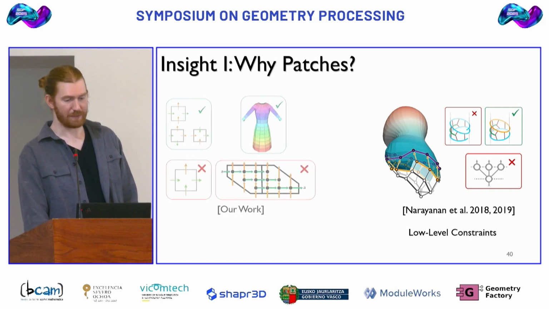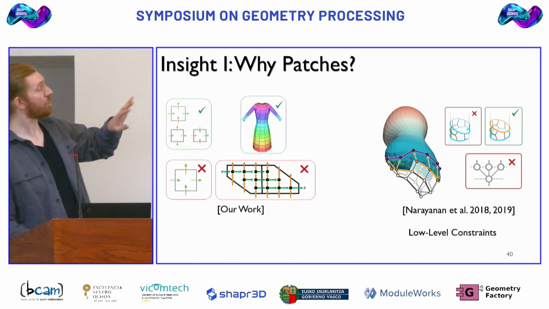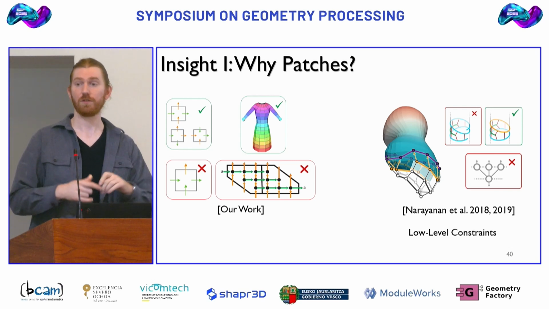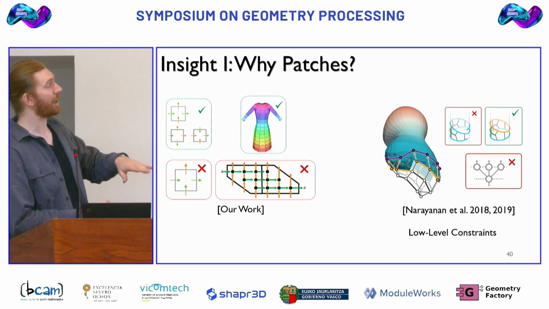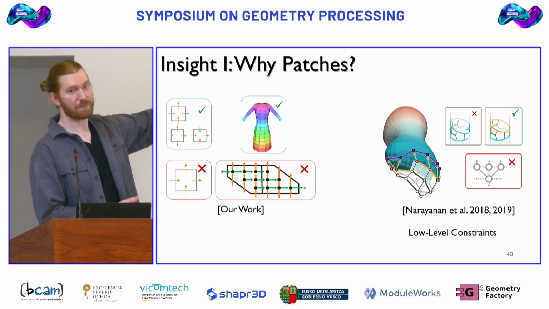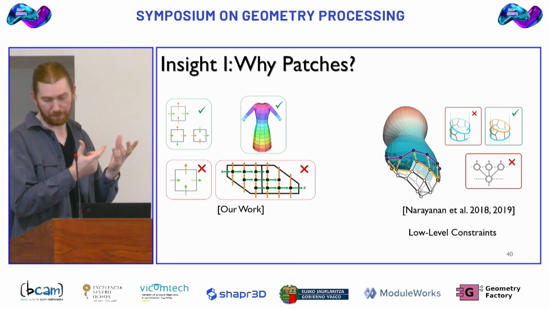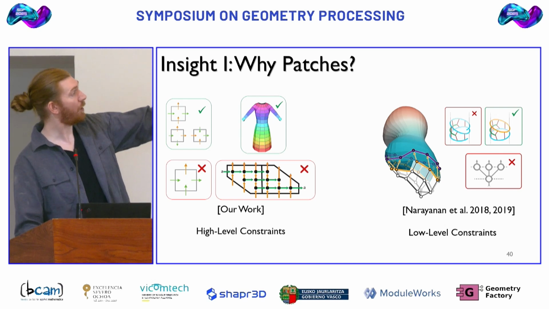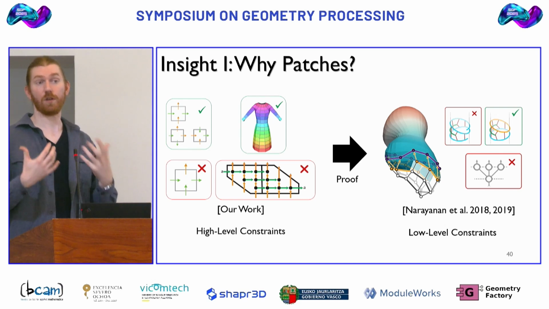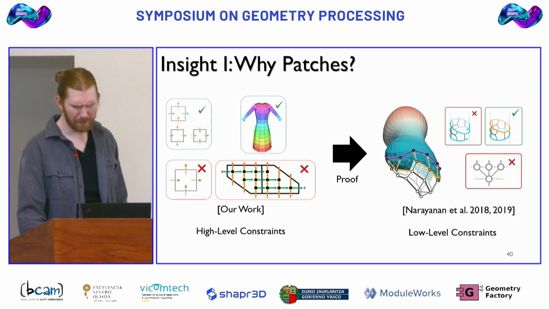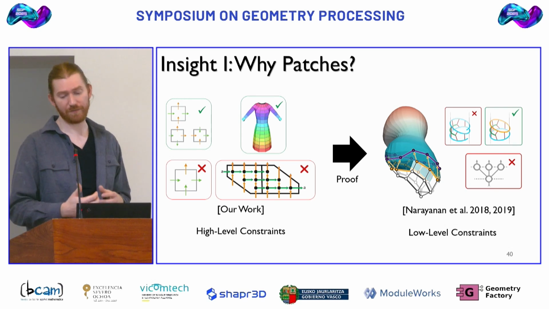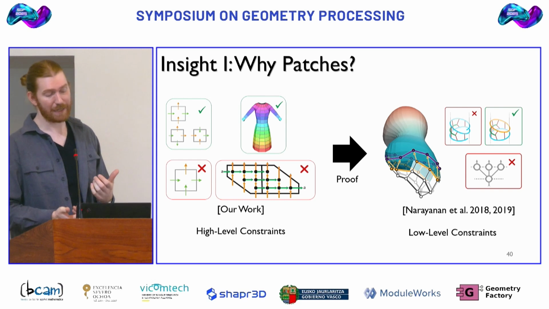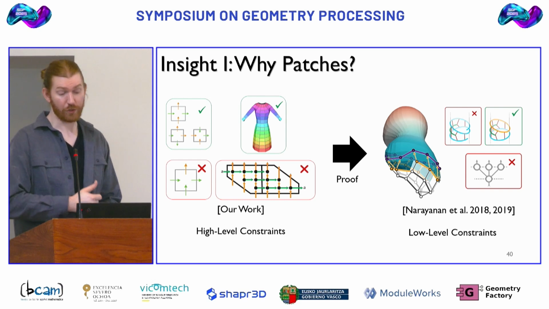What we found is that there are 4 coarse patch local properties that, if you guarantee them, and also guarantee through some means, we don't care how, that whatever you put inside of these is a knittable mesh or a knittable graph, then we can prove that the combination of all of these will be a knittable low-level graph. And the ability to have this guarantee convinced us that high-level patches are a good way to go to have easy editability while also ensuring machine knittability.